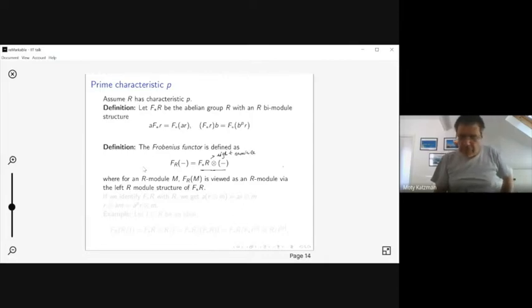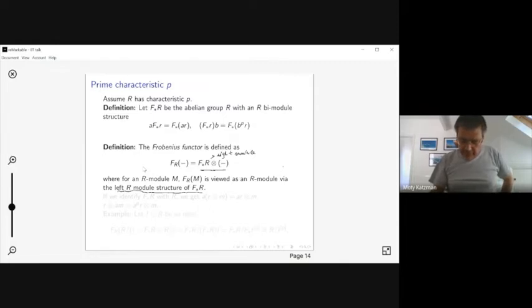But after you create this tensor product and you want to view it as an R module, you can treat it as an R module via the left R module structure of F lower star R, the untwisted action.